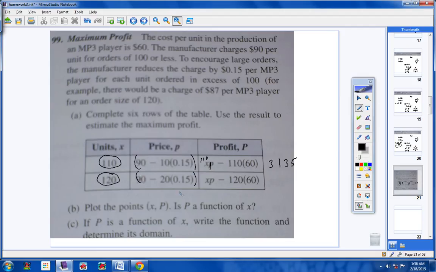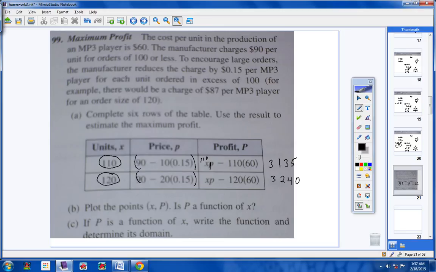Okay? And then type this whole thing into your calculator, and you should get, according to the book, 3,240. Okay? 3,240. And we could continue that for the next 4 lines.